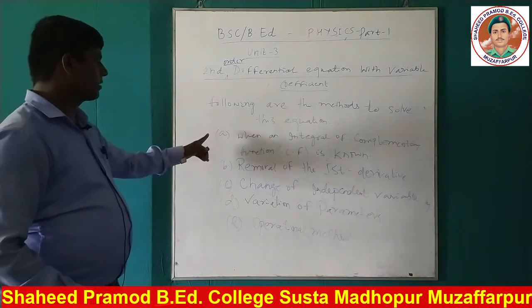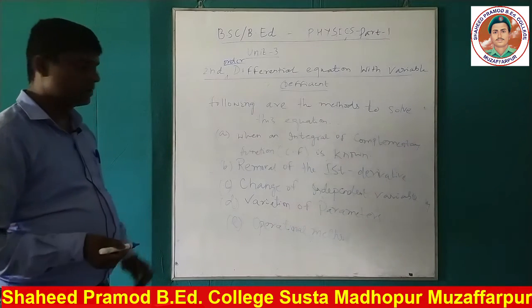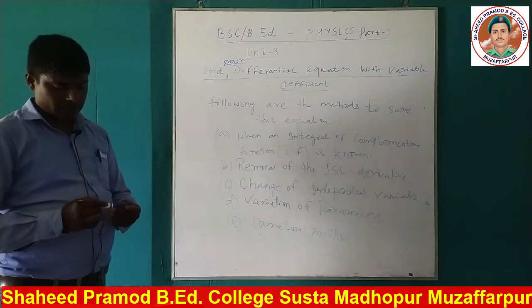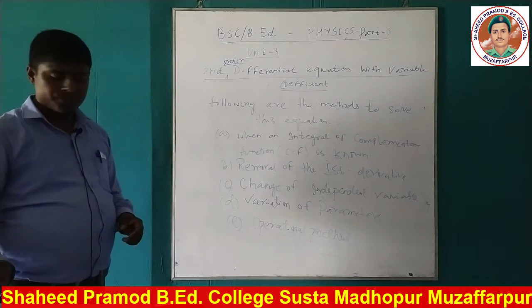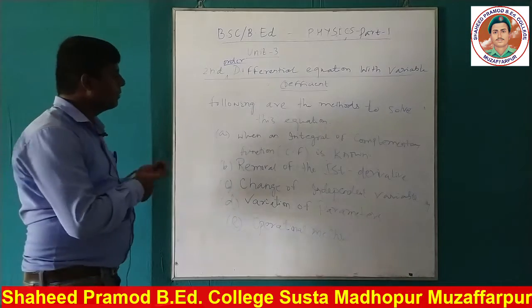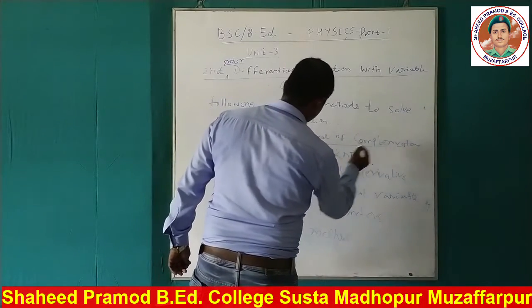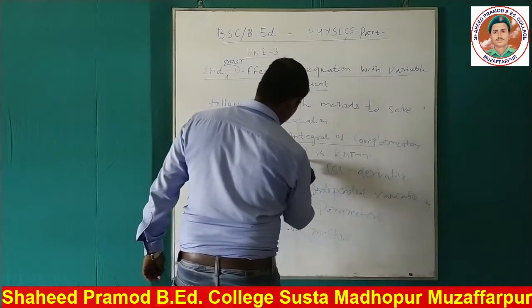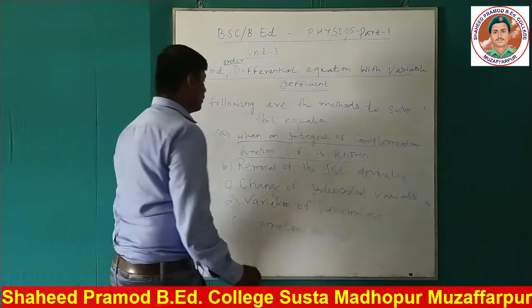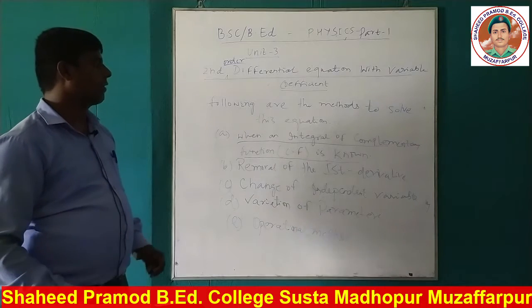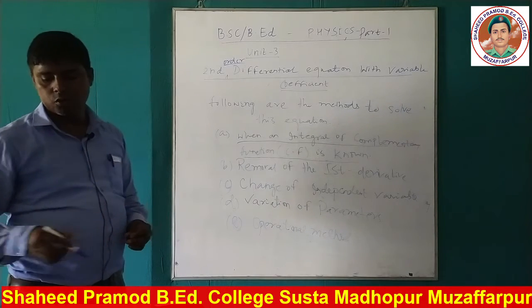Okay, so you can write down these are the methods. But in our syllabus, there is only one method we are going to describe today to solve this equation, that is A, when an integral of the complementary function is known.